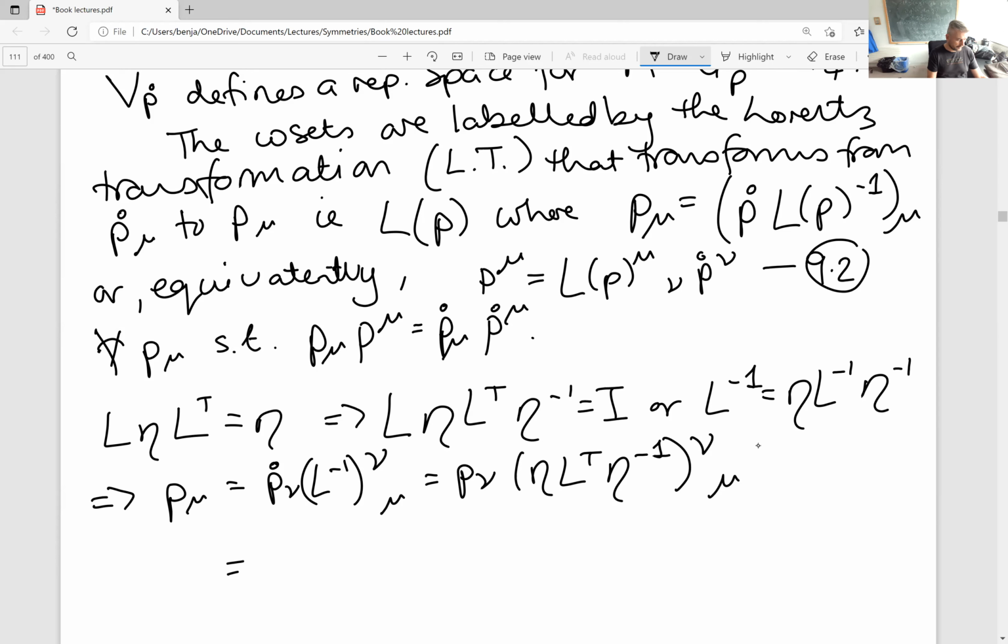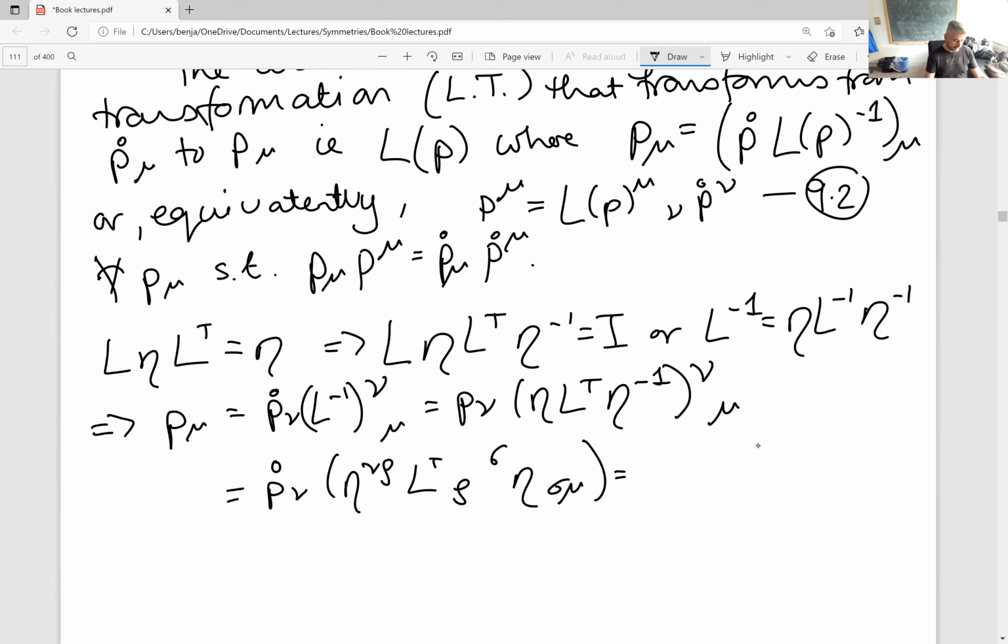So if we write this out in components, this is P dot nu eta nu rho L transposed rho sigma eta sigma mu. I can use this eta to raise the index on the P dot.